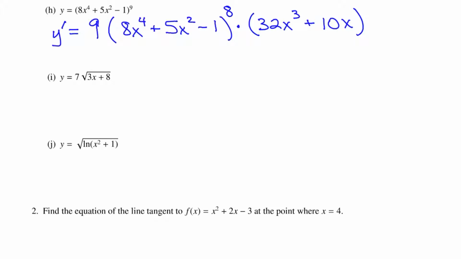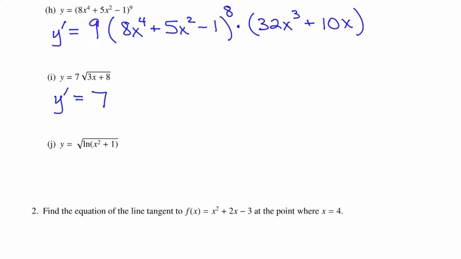I, find the derivative of y equals 7 times the square root of 3x plus 8. The 7 on the outside is being multiplied by the square root. Since it's a multiplier, it stays. If it had been added or subtracted, then it would have a derivative of 0. But as a multiplier, it just stays right where it is. So we start with the 7.